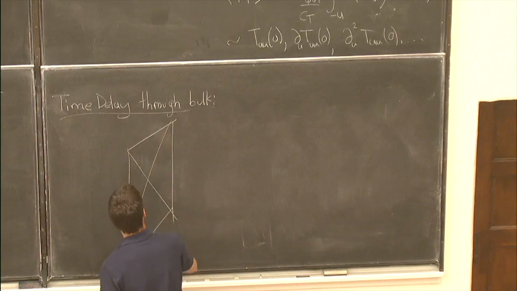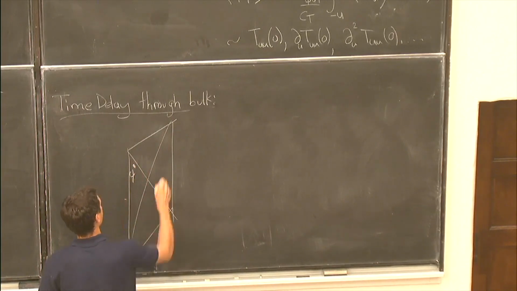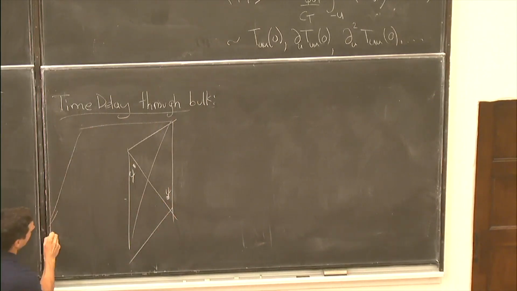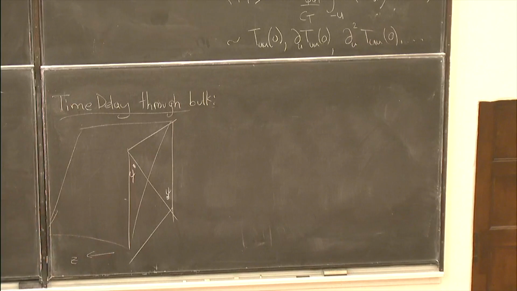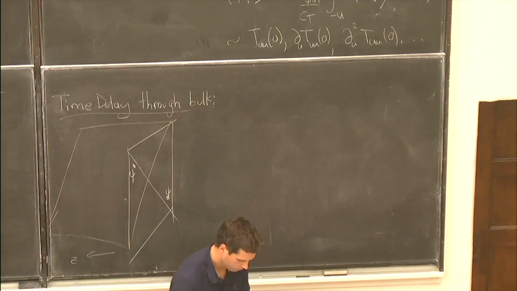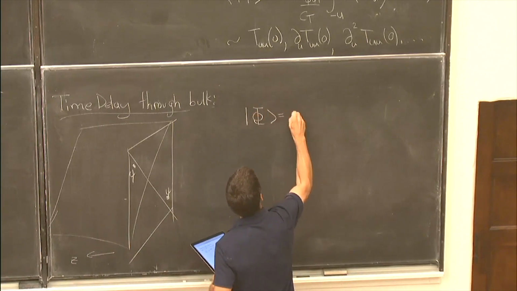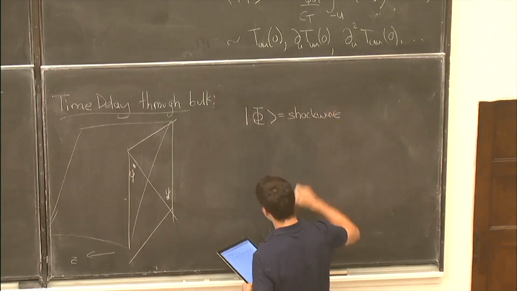Here's the psi-psi insertions on the boundary. And I'm just drawing a plane, a null plane that heads out into the bulk. Let's think about the case where the state is a shock wave.